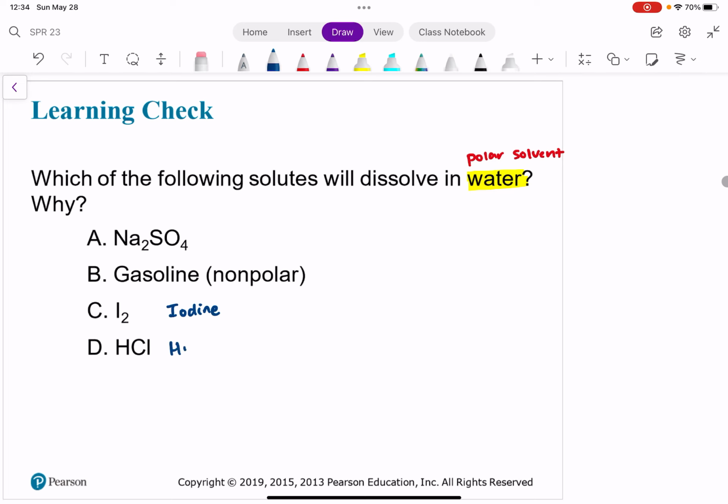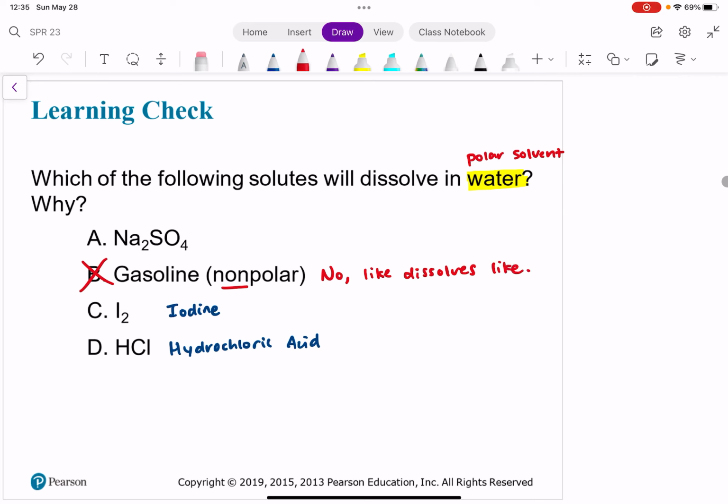Yeah, hydrochloric acid. All right, so which one of these can we knock off right away? Yeah, let's get rid of gasoline because we know it's non-polar, okay? So it's not going to be that. So let's say no, like dissolves like.